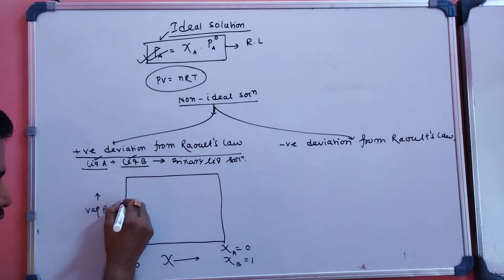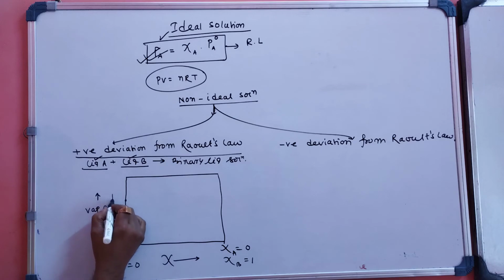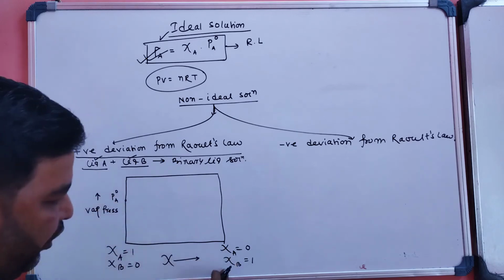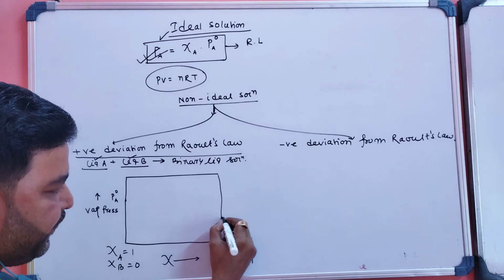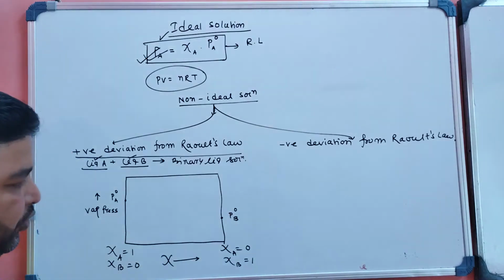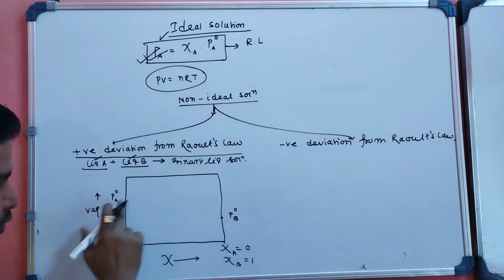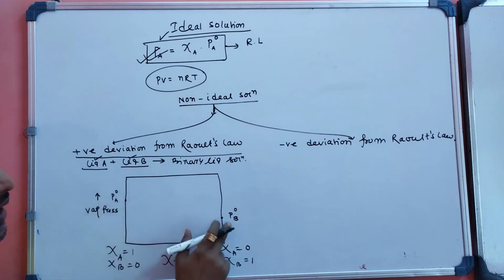So when only liquid A is present, the vapor pressure indicates the pure vapor pressure of liquid A, and when only liquid B is present, it indicates the pure vapor pressure of liquid B. Here I consider A is more volatile than B, that's why the vapor pressure of A is higher than that of B.